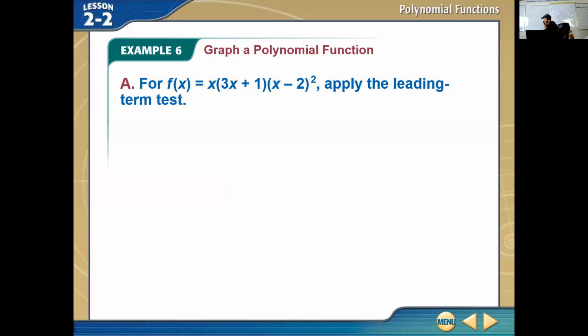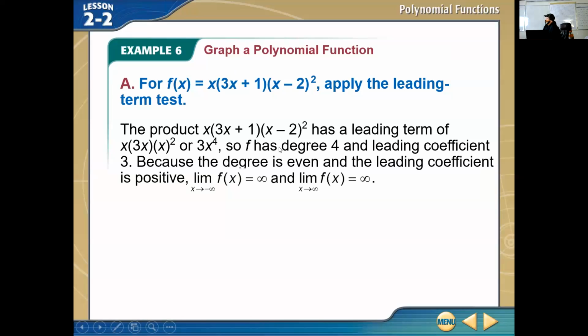So what we could do first, to apply the leading term test, we have to figure out what my highest exponent is going to be. By doing that, we would have to multiply our x value through to find it. So the product of x times 3x plus 1 times x minus 2 squared has a leading term of x times 3x times x squared, or 3x to the 4th.